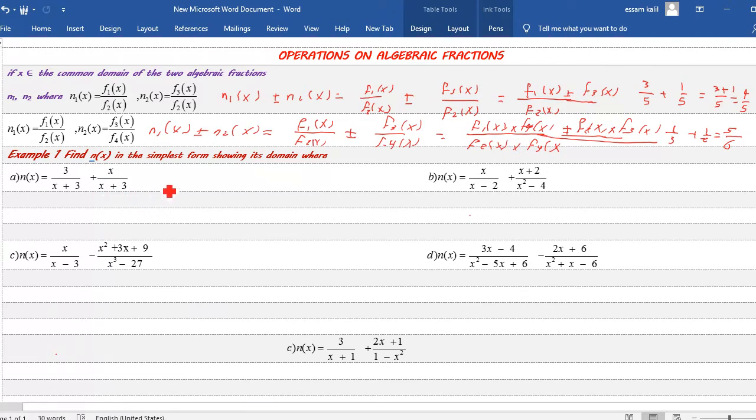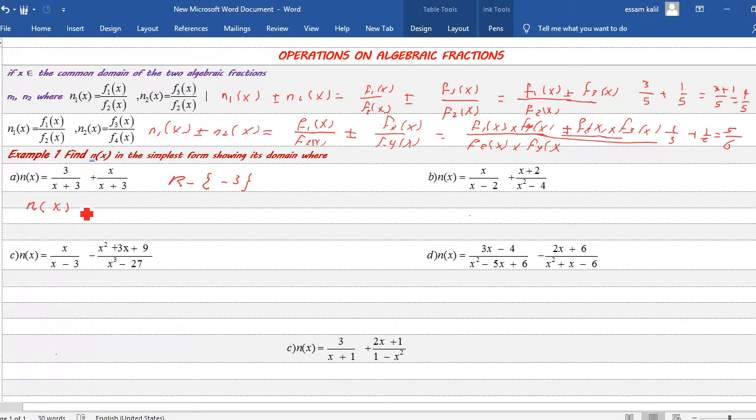First, find the domain of n of x. The domain equals R minus the number that makes the denominator equal 0, or take the opposite sign of the number, positive 3, so it becomes negative 3.